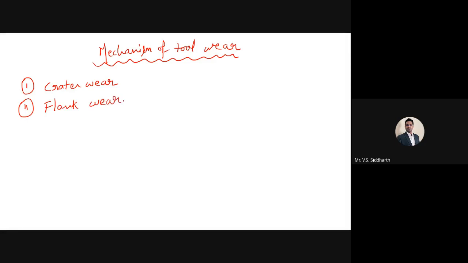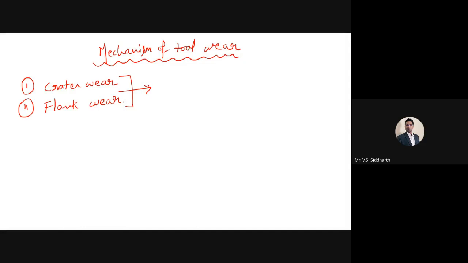So can you tell me what is the reason for these two wears happening? What is the reason due to which this wear is happening? Anyone? Quickly tell me. What might be the reason?